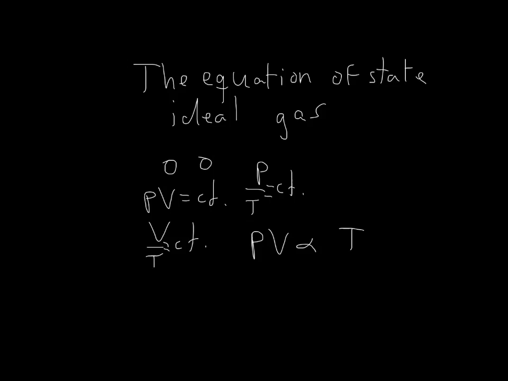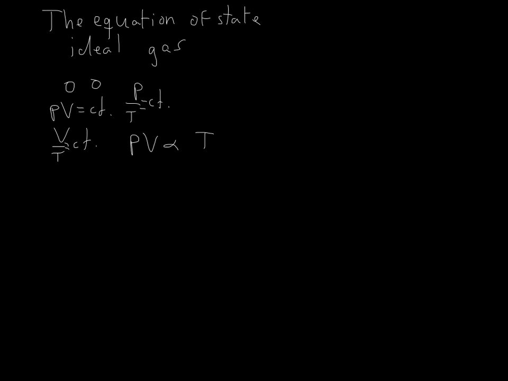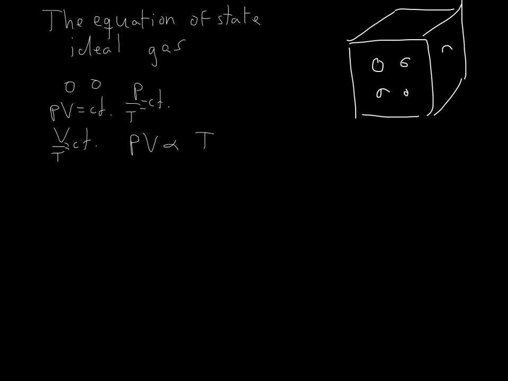Let me zoom out. So first one, let's think about the number of molecules in here now. The more molecules that I have in here at the same temperature, the more pressure and volume that I'm going to have, right? Because these molecules are going to be bouncing against the walls.